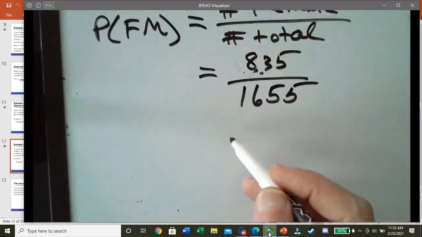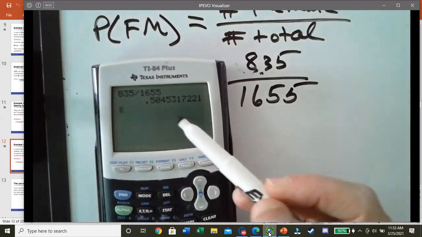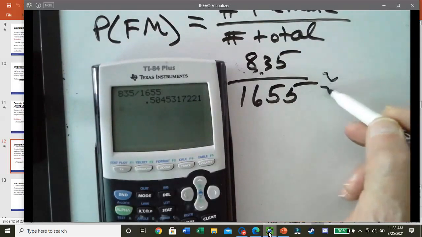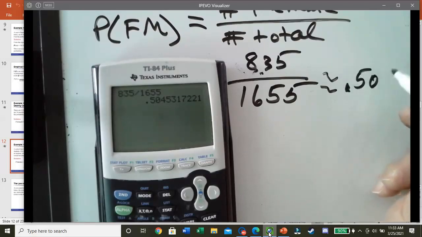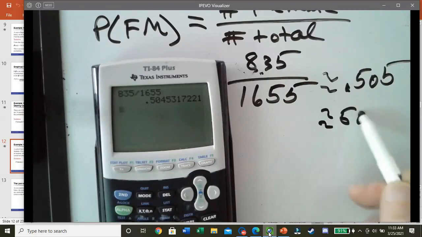And so if we calculated that out, let's do that on the calculator. 835 divided by 1655, and we get 0.504. So basically, it's pretty close to 50%. We'll round it up to 0.5. That would be the same as 50.5%.